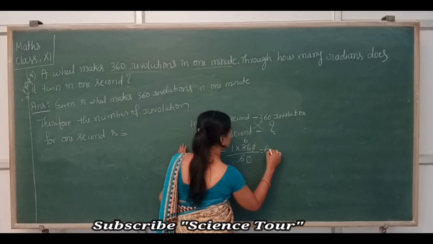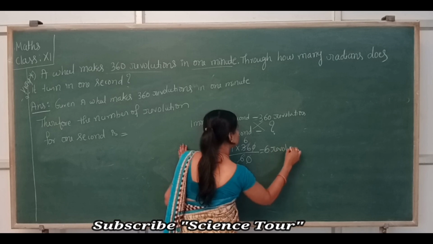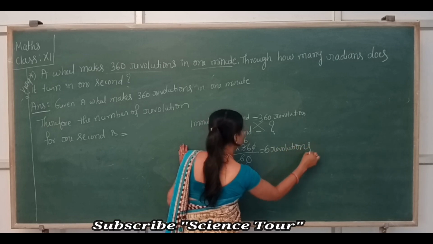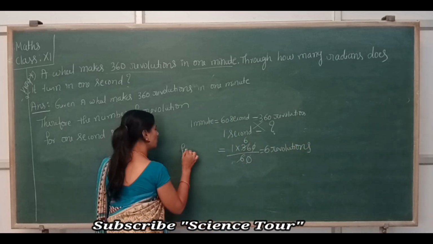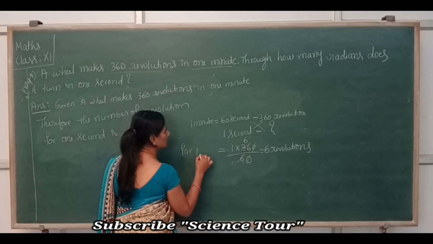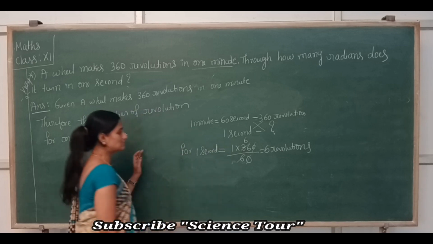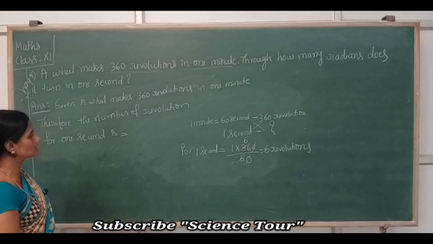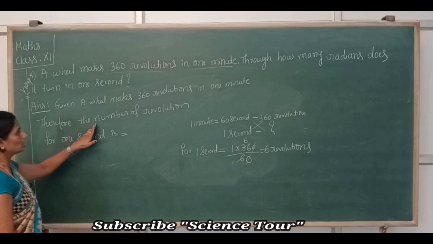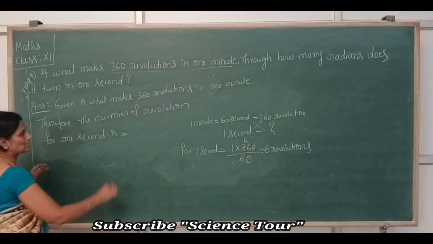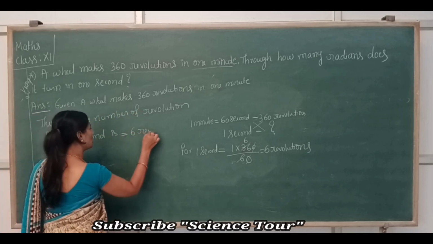So how many revolutions? 6 revolutions for 1 second. Therefore, the number of revolutions for 1 second is 6 revolutions.